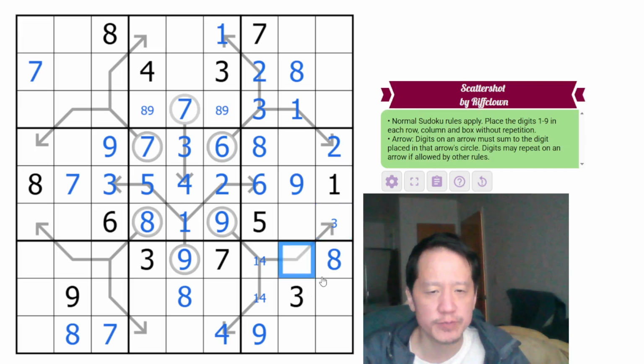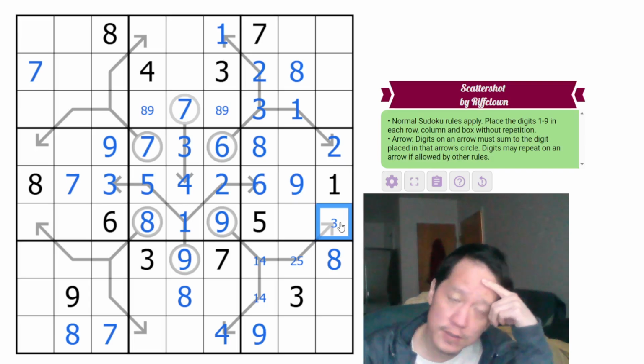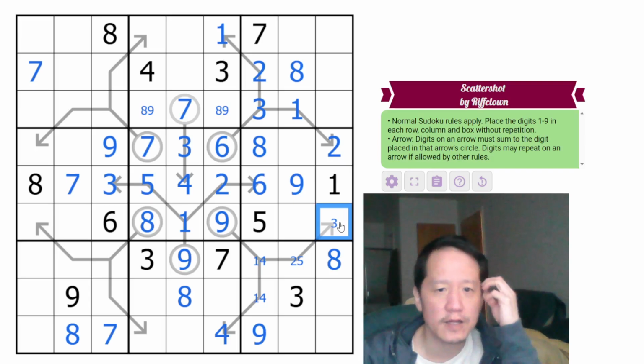So what could this be? This could be 5, or it could be 2. It cannot be 1 or 4. So this is at least 3. What other digits could it be? It can't be 4.